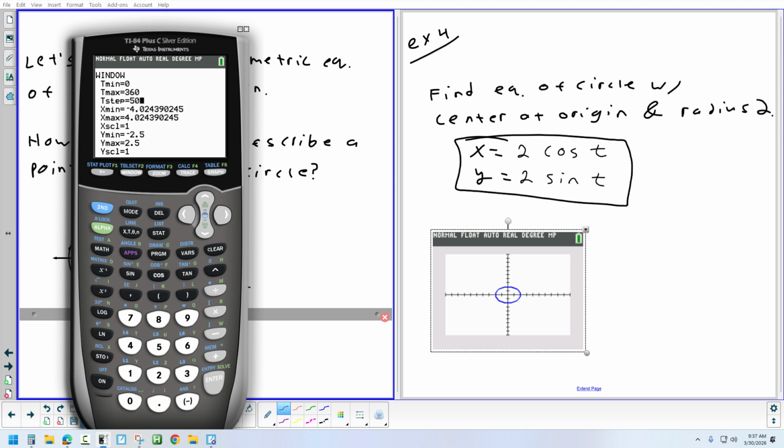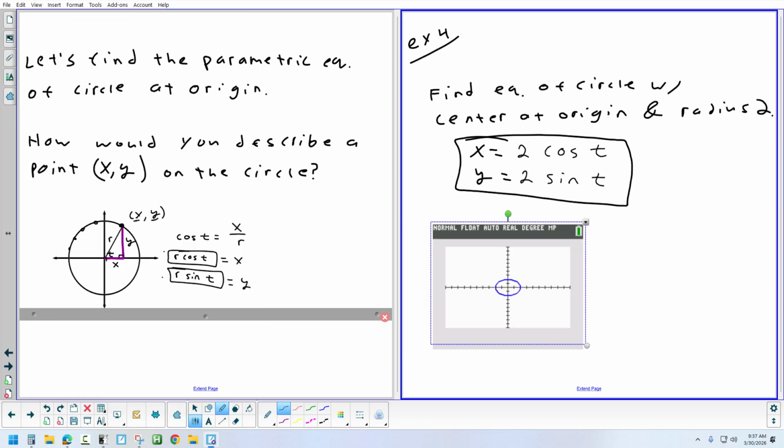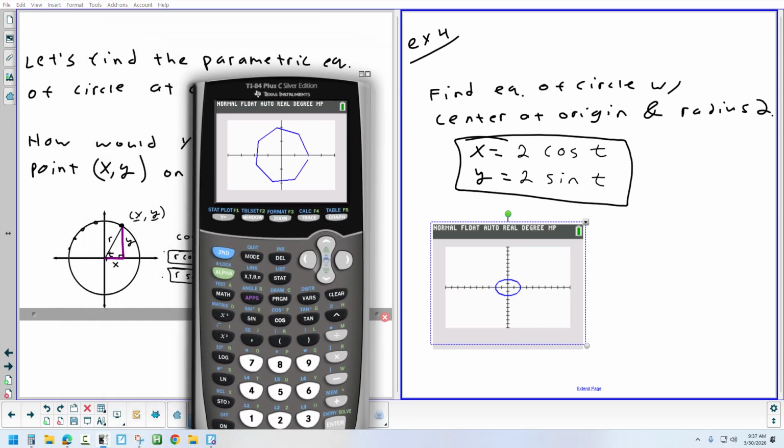The problem you're going to run into is when you count by 50s, you're going to get 200, 250, 300, 350, and then the next one will be 400. So now you're going to have a gap, and the shape isn't going to close at the end. Not only does it not look circular, but we want to avoid that gap. So try to pick a T-step that counts into your T-max.